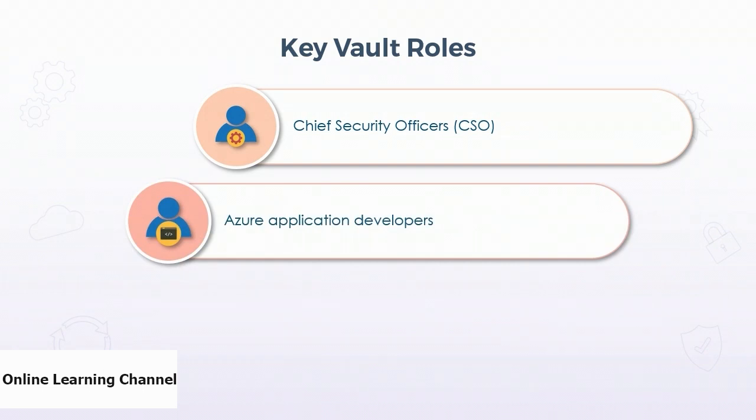We also have Azure application developers. How do we approach developers and their interaction with the Key Vault? This role is great if you have a developer who wants to write an application for Azure and use keys for signing and encryption, and they want those keys to be external from the application so they can distribute that application all over the globe.